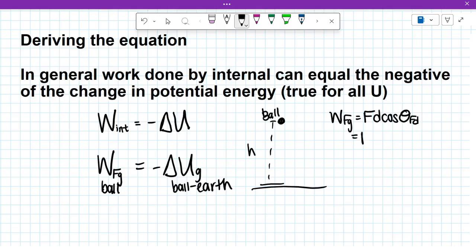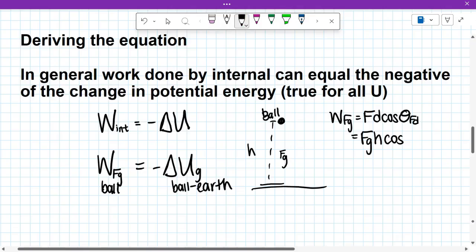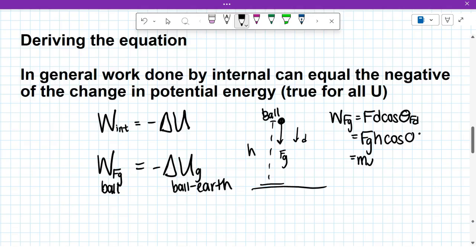So the force here is just the force of gravity. The displacement here is h. My force of gravity is going to be down, and I am displacing down, so that's a cosine of 0. So the force of gravity is mg, and the work done by the force of gravity is going to equal mgh.